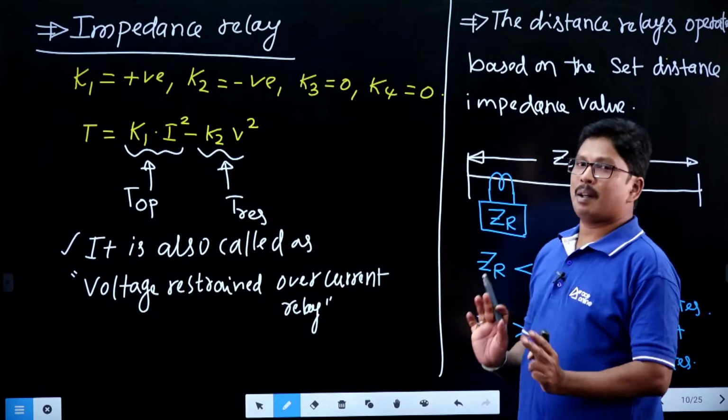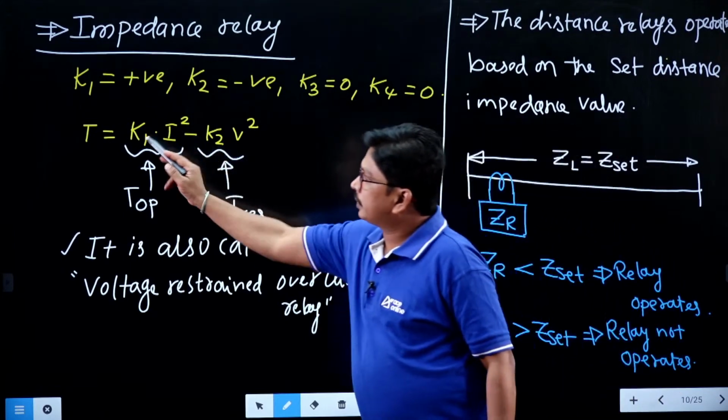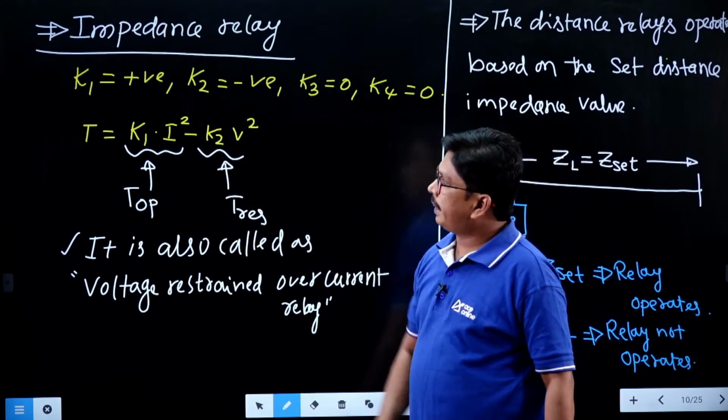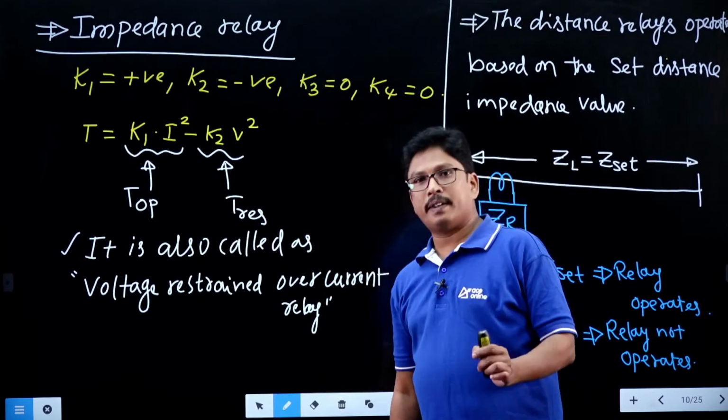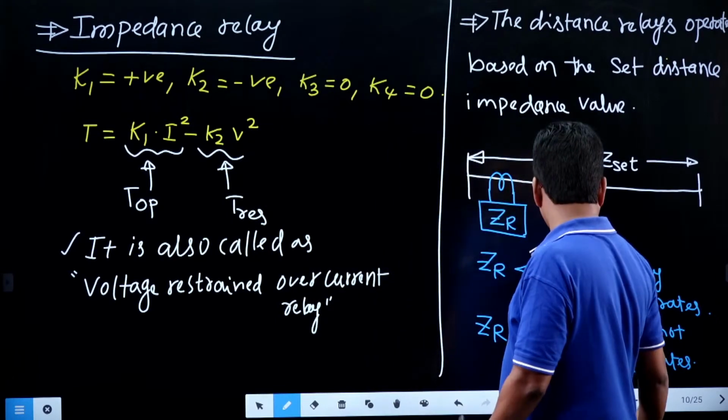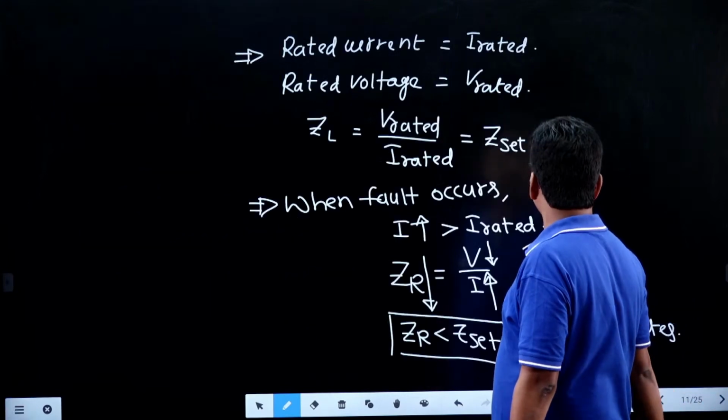So, this is the actual operating condition. The net torque of the relay is some constant K1 into I square minus K2 into V square. Just check here, students.